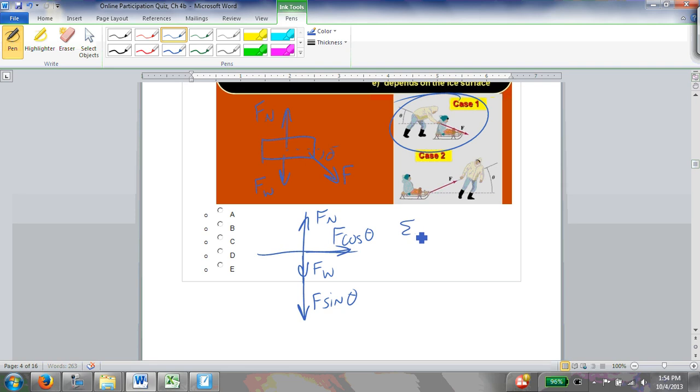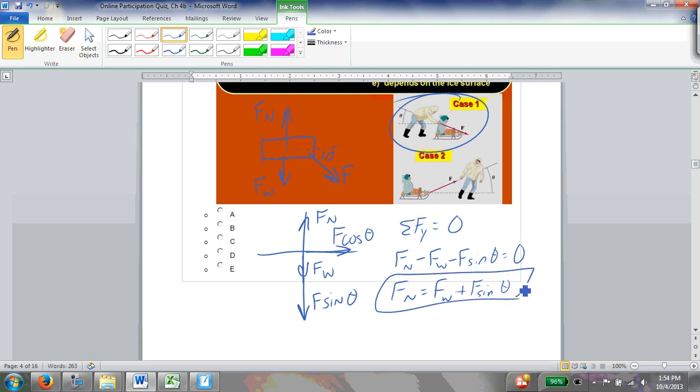If I do the sum of the forces in the y direction, that's going to equal 0 because it's not accelerating in the y direction. It's going to be F_N minus F_W minus F sine theta equals 0. So F_N will equal F_W plus F sine theta. All right, so my normal force is bigger than my weight by this amount.